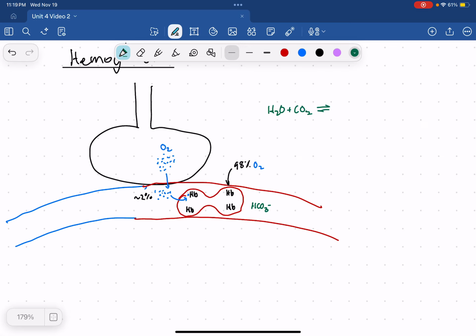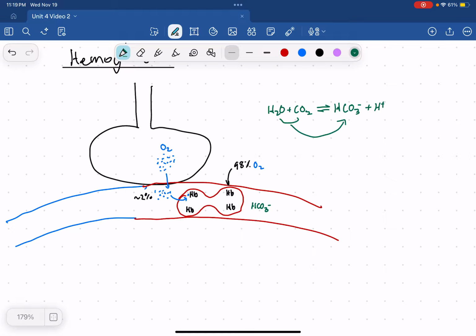When water combines with CO2, it makes two products, bicarbonate and hydrogen ions. So if we have bicarbonate in the bloodstream, typically this will convert over to this.